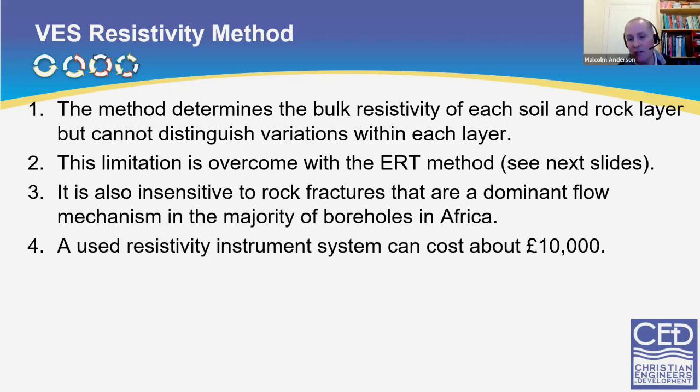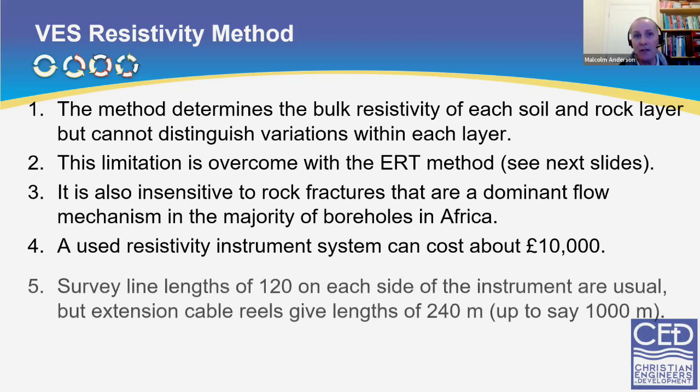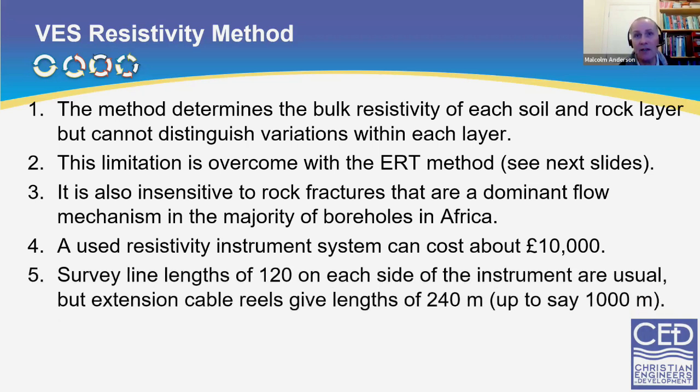Used resistivity instruments cost about £10,000, and survey line lengths of 120 meters on each side of the instrument are usual, which will give you a depth of about 60 meters. You can add an extension cable on either side to give you another 120 meters, to give you 240 meters. That would then give you a depth of around 100 meters. So basically, this method can extend down to the depths you need for boreholes.